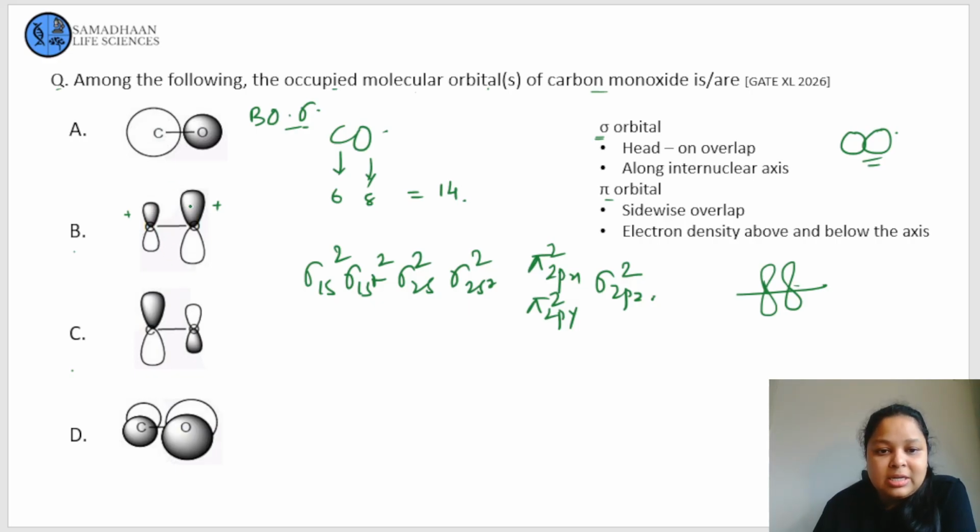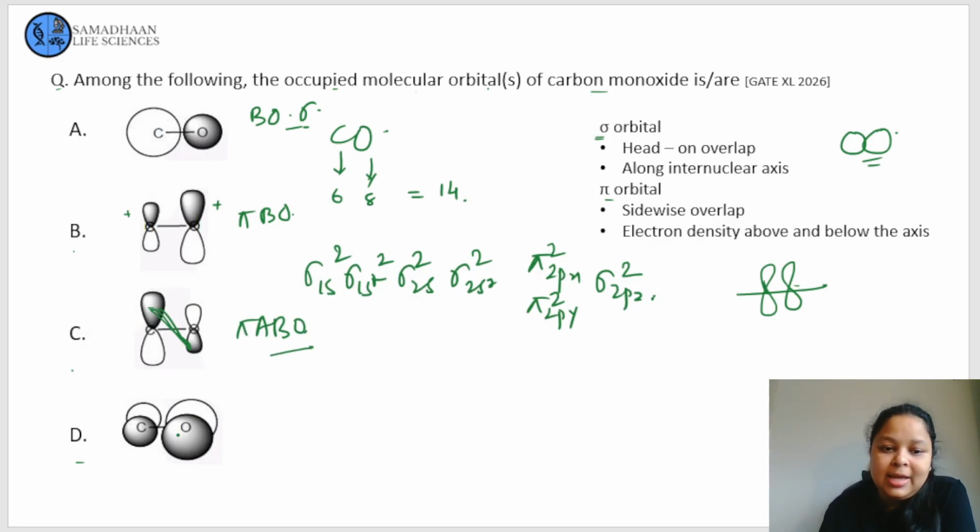The electron density is continuous, but this is a sidewise overlap of p orbitals, so this is a pi bonding orbital. Now in C, these phases are in opposite directions. So there should be one node, that means there should be one region in the middle where we could not find any electron density. So this is a pi antibonding orbital.